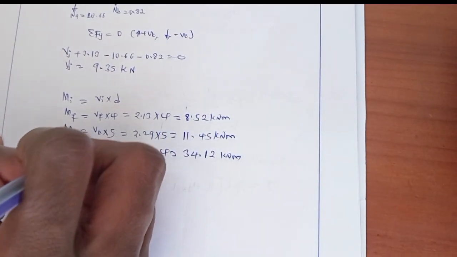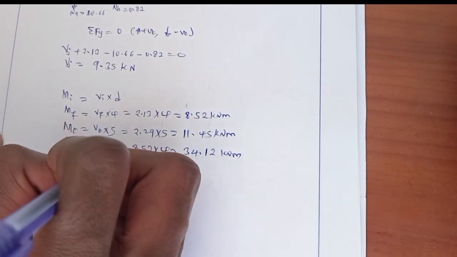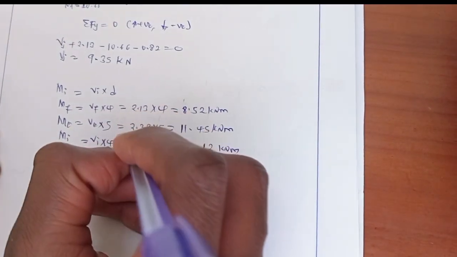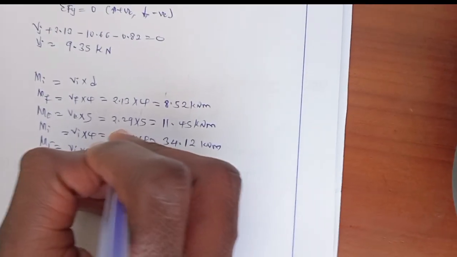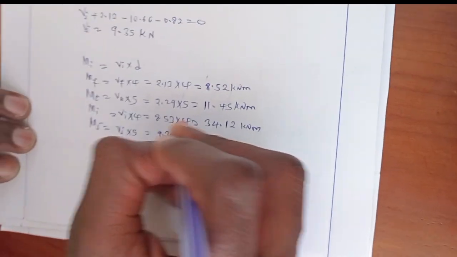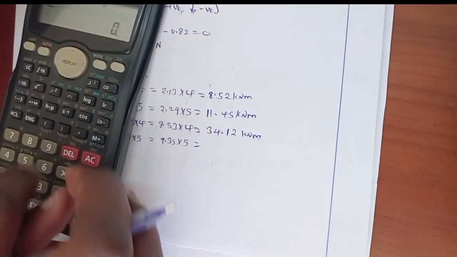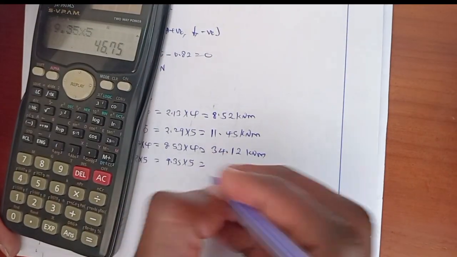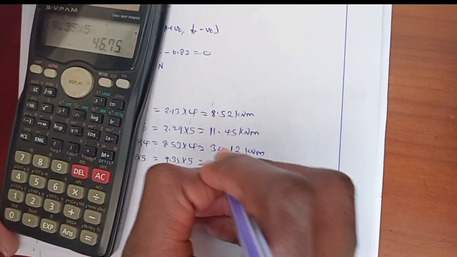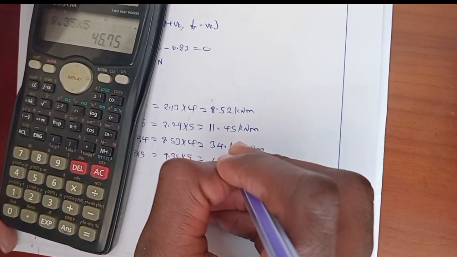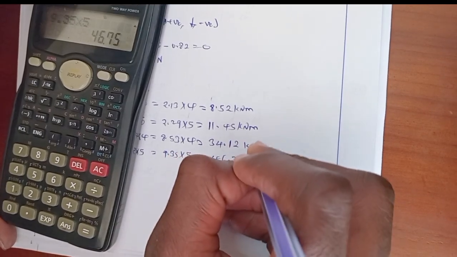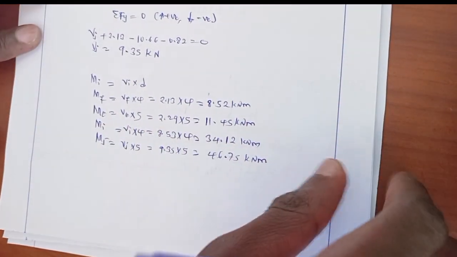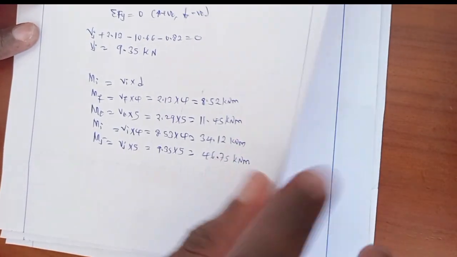MJ will be VJ times 5. VJ was 9.35 times 5, it will be 46.75 kilonewton meter. All of these are the bending moments of horizontal members.